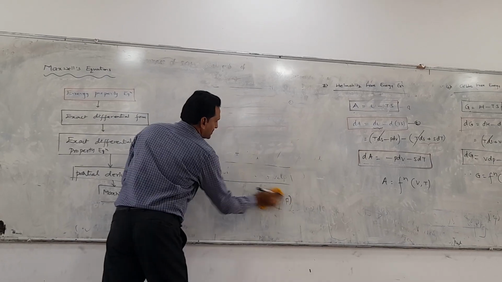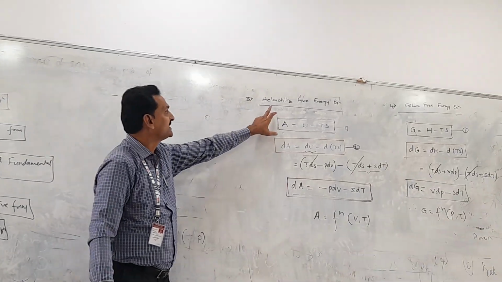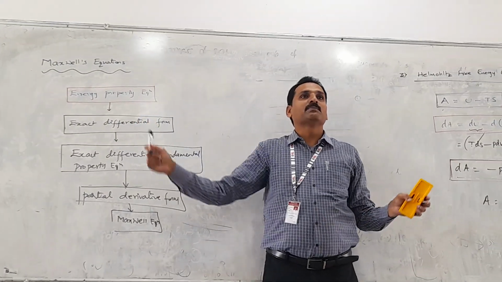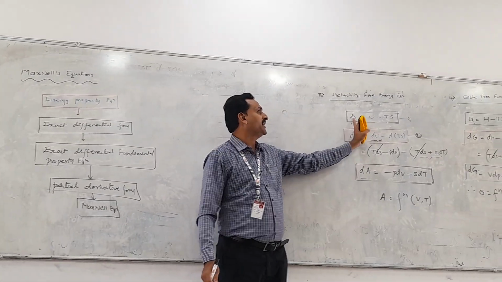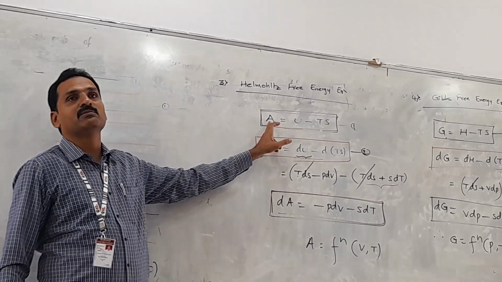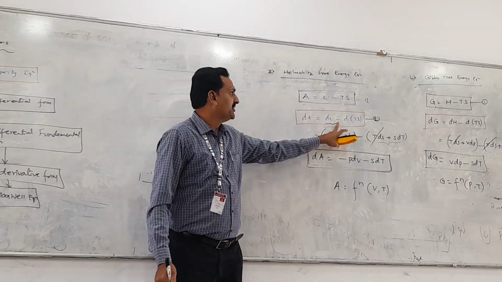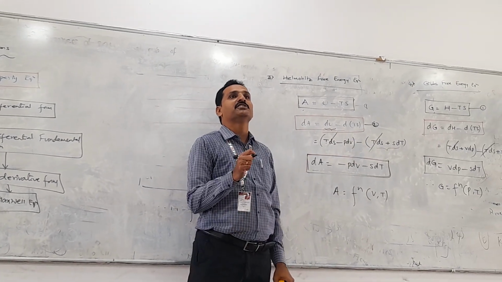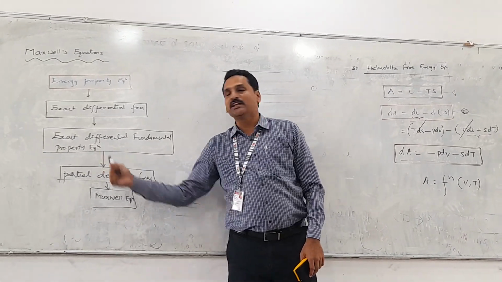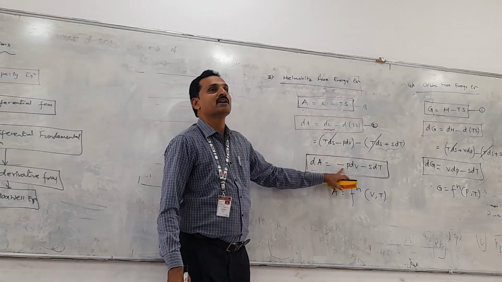Let's apply the Maxwell equation for the third fundamental property equation. This is the energy property equation. Energy property equation means all energy forms: A, U, Ts. Ts is entropy, U is internal energy, A is the Helmholtz energy. Then the exact differential form: dA is equal to dU minus d of Ts. Then the exact differential fundamental property equation: equation 2 can be converted into the fundamental property equation.